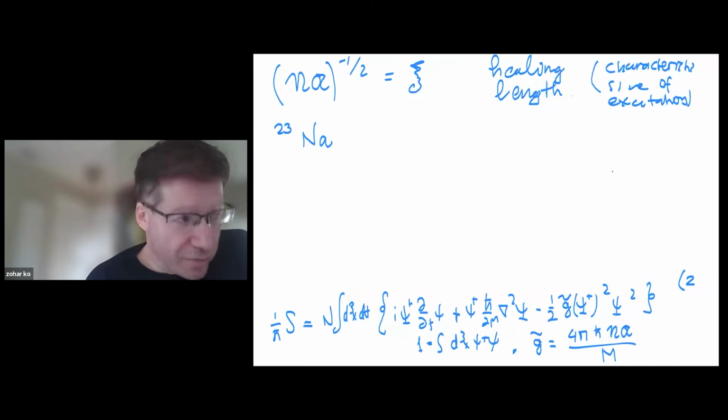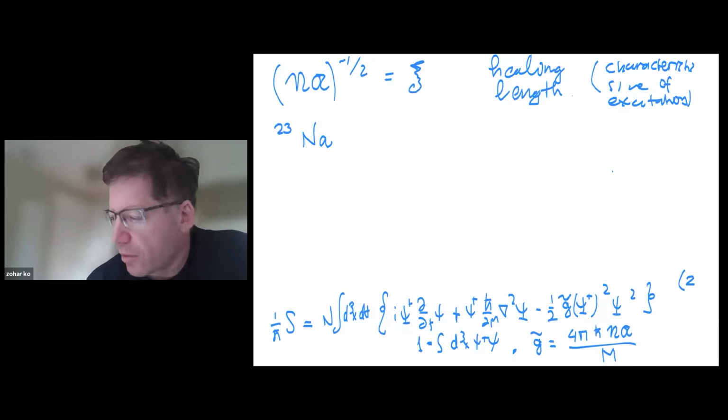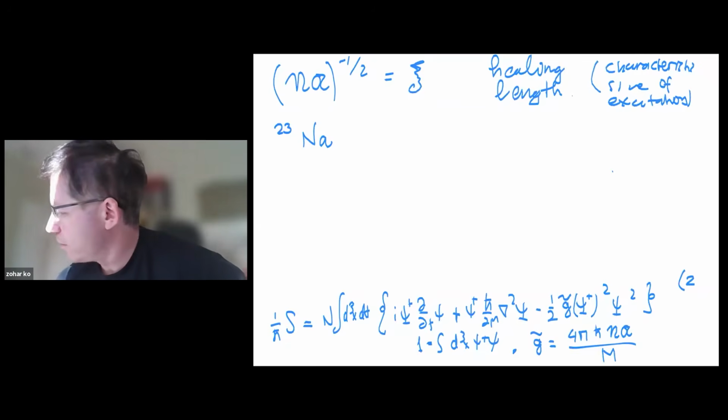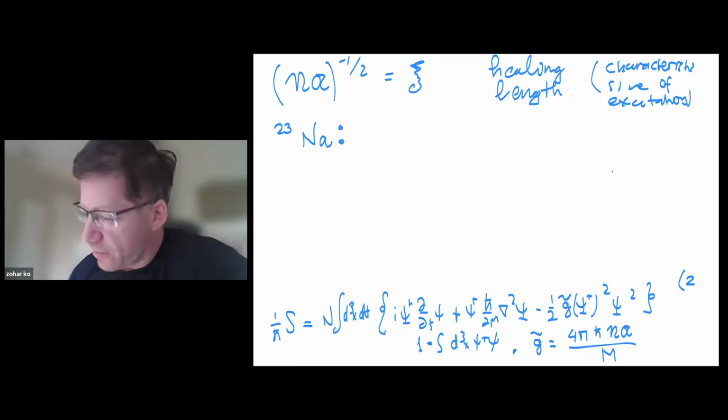This is a landmark experiment that gave a Nobel Prize a few years ago. It was done, I think, in Colorado and MIT. Two groups did it at the same time. I might be getting it wrong. And the parameters in that experiment were the following. I'm just going to make contact with the parameters that I already defined for you.